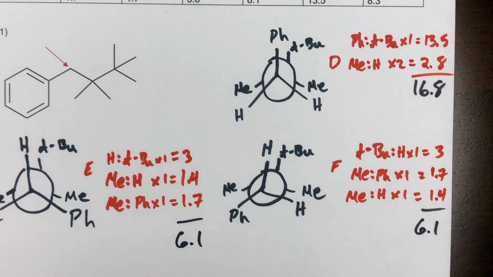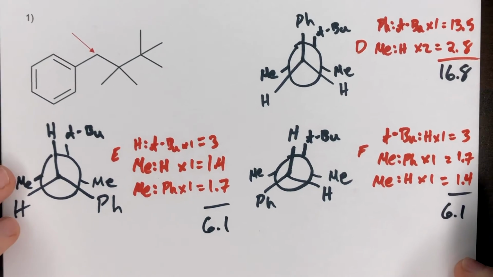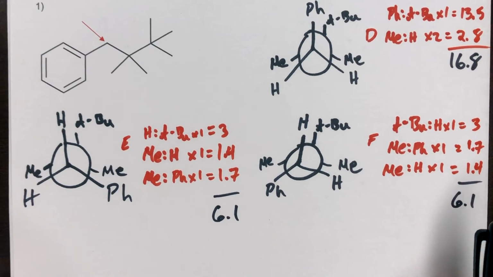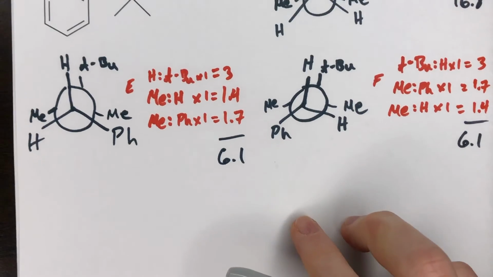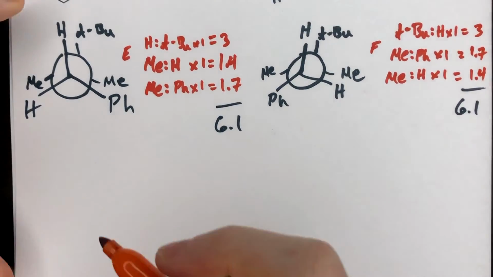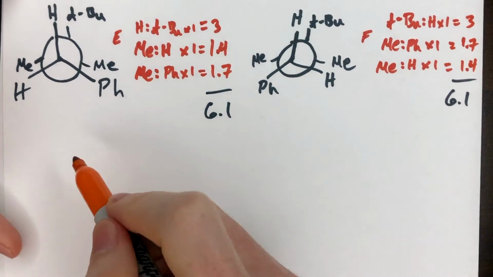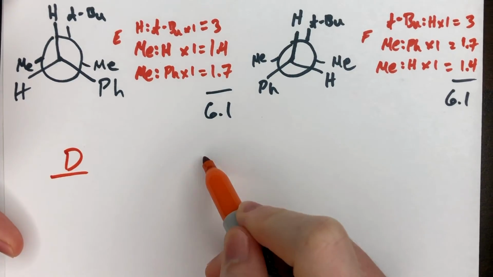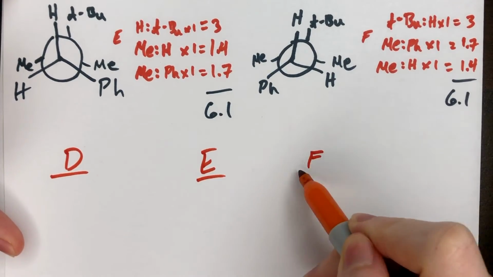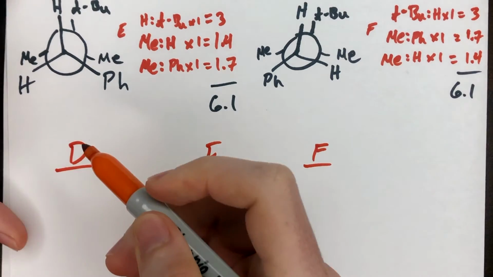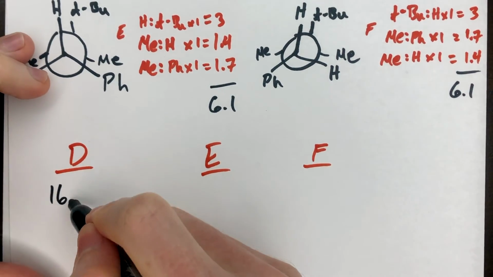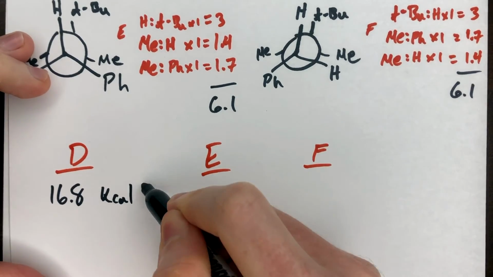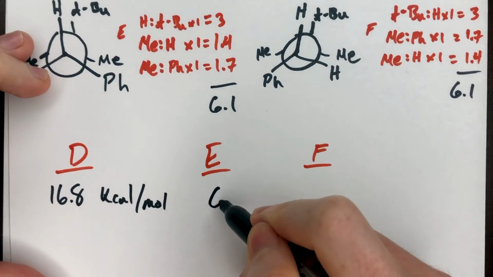Okay, so again, these are all kcal per mole, but I didn't show that in the value there. But now let's compare these values to each other. So now D, E, and F. So D is 16.8 kcal per mole. E is 6.1, and so is F.